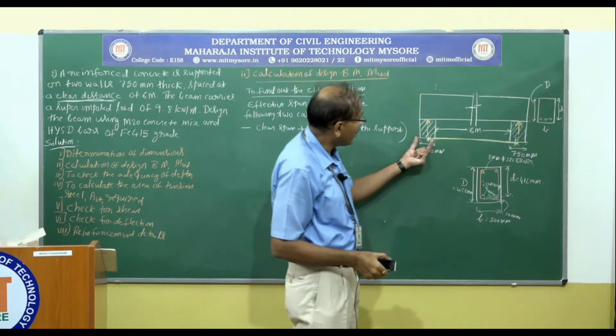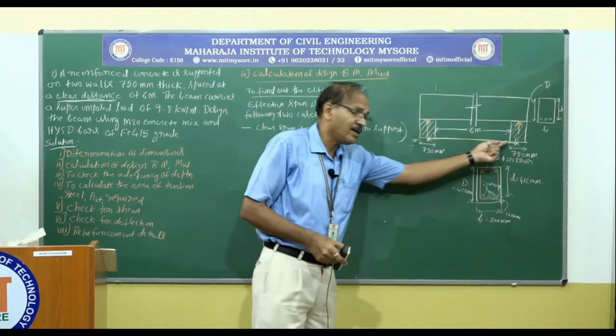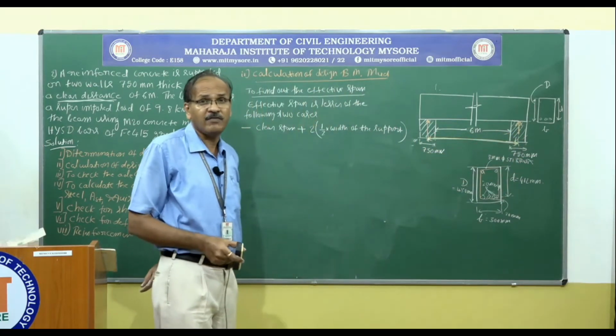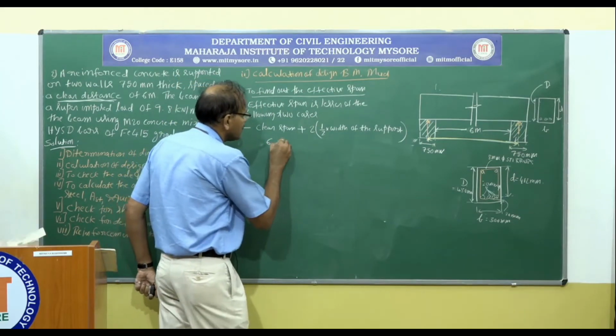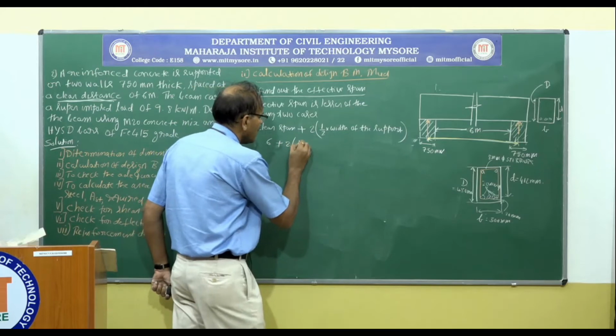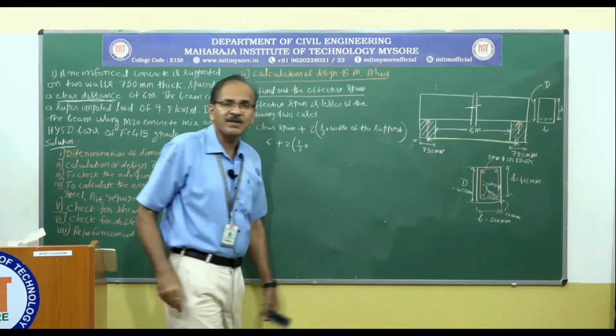The reason is we have two supports, so half the width on this side and the other half on the other side. So that is 6 meter plus 2 times half. What is the width of the support? That is 750 millimeter.